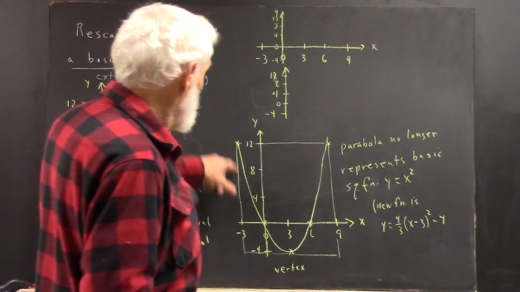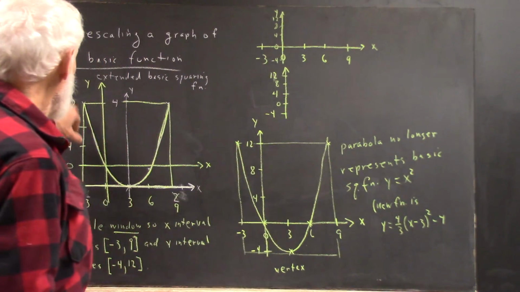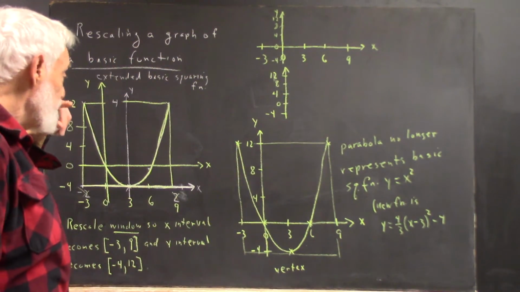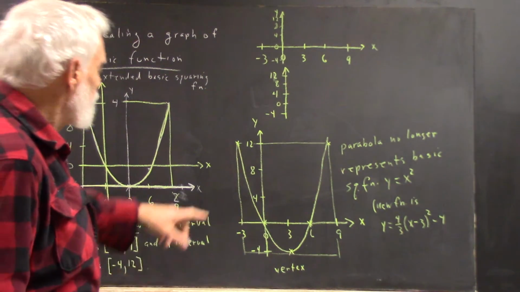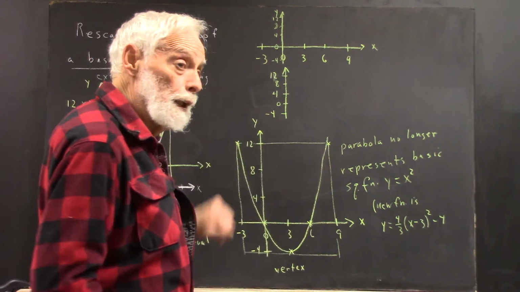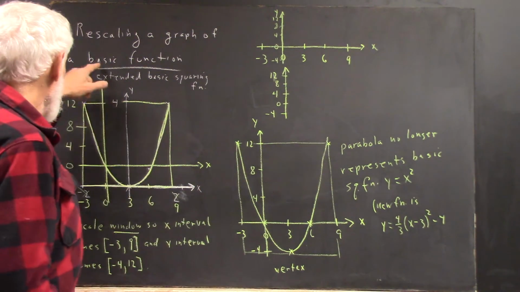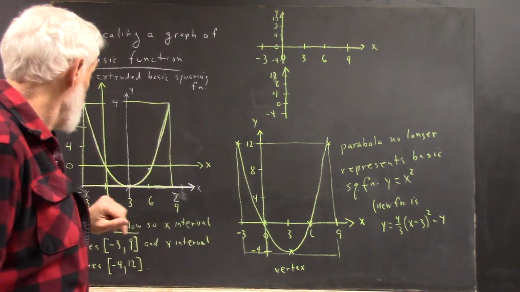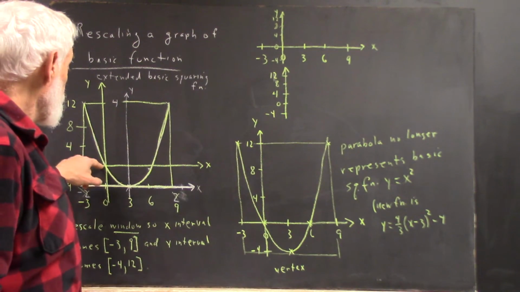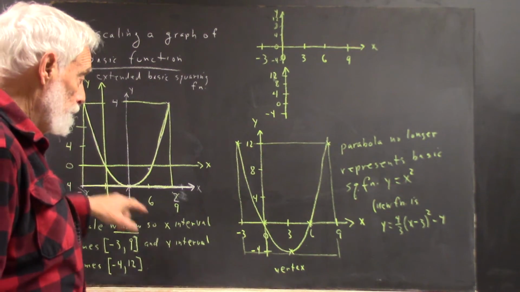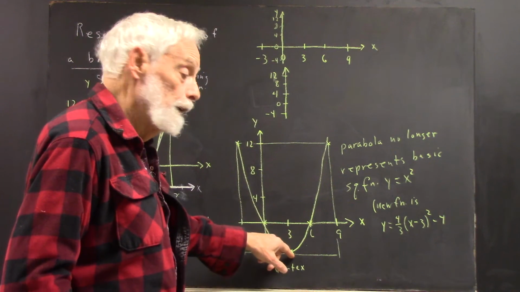Now, this picture is the same as this picture, except now we've got a new set of x and y axes. They aren't here where the white axes were, they're here and here. And the vertex of the graph is to the right and down.